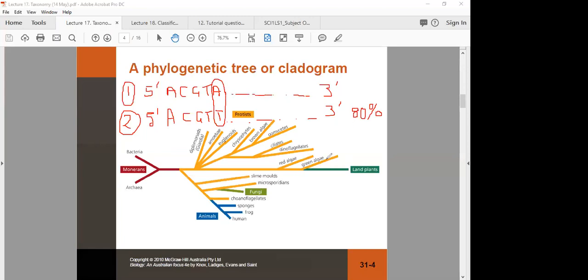So, for example, if that was the case with these 2 groups, the green algae and the land plants, then they would be positioned very close to each other on this phylogenetic tree. If the sequence similarity was very low, if it was, say, 30% or 40%, then they would be much further away. Okay, so just to show you basically how that works. And I'll just clear that.